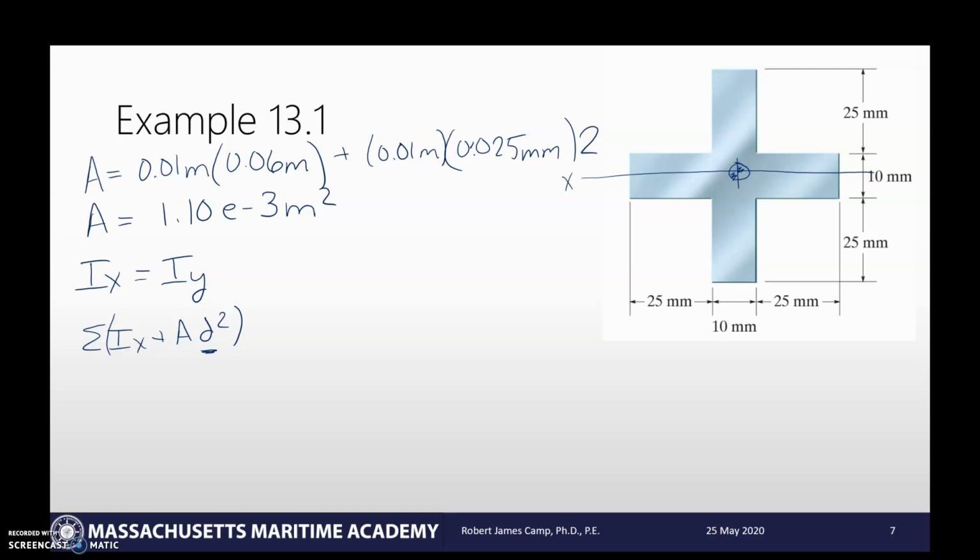Now, d squared is going to be the deviation from the x-axis. If I broke this up into pieces like this, with the centers of my 3 pieces there, my d dimension is going to be right there, because I'm deviating from the x-axis.